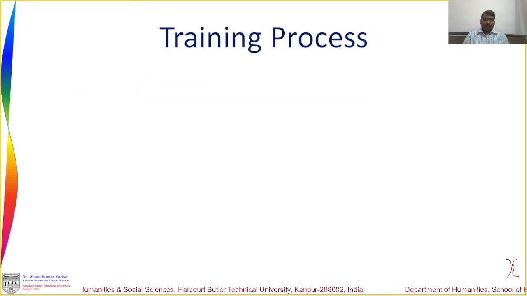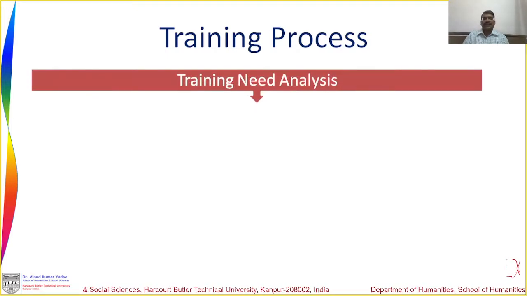So if you look at the training process, how does training start? Wherever there is a need for training, you have to analyze the training need: what is the gap, the skill gap, the knowledge gap, and if there is any gap, then you need some kind of training.